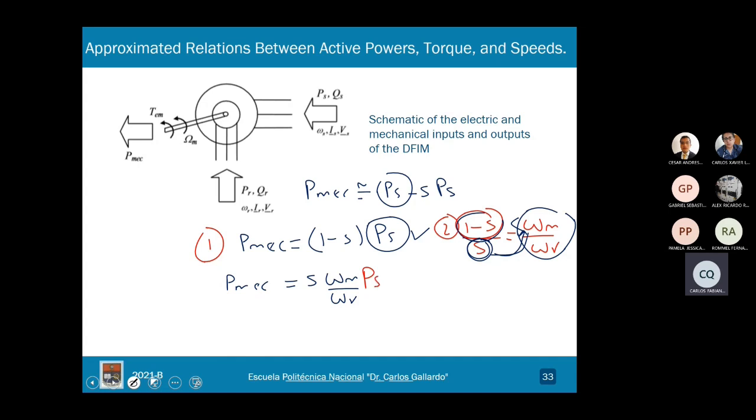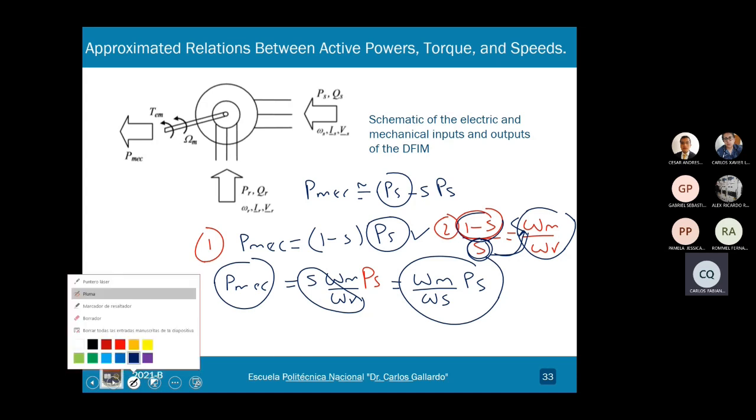Okay, so by definition we know this term is 1 over the synchronous speed. So this is equal to the mechanical speed over the synchronous speed times the stator active power. So this is one way to compute the mechanical speed.